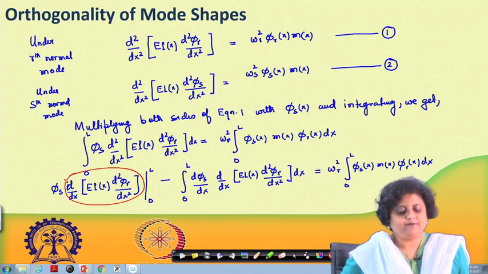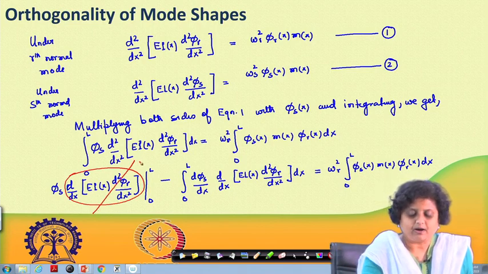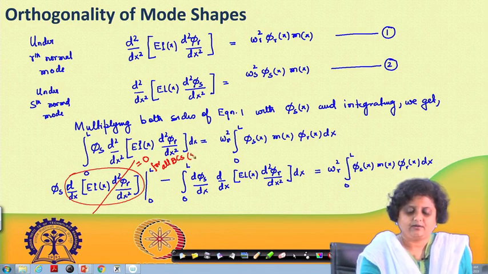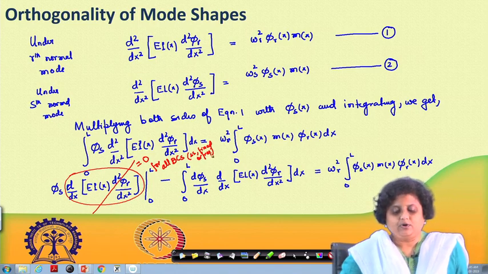Therefore, even for the free case, this part is equal to 0. So, this part is equal to 0 for all boundary conditions, that is simply supported, fixed, or free.